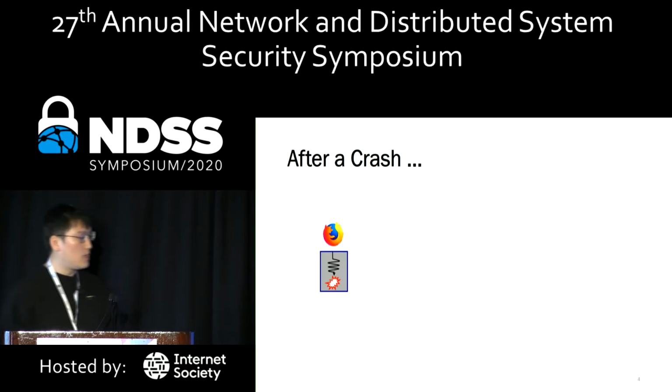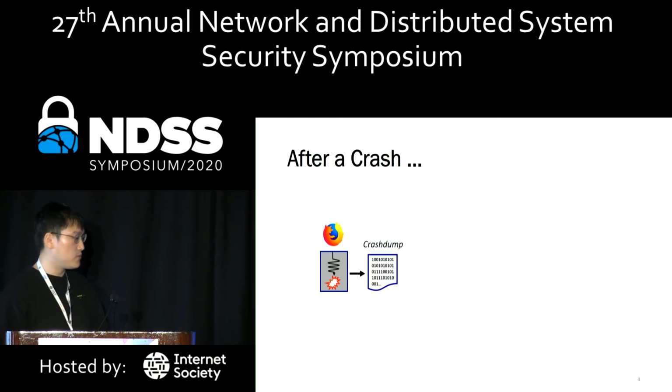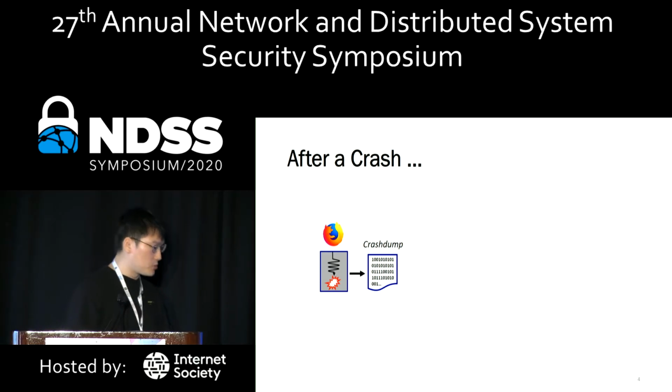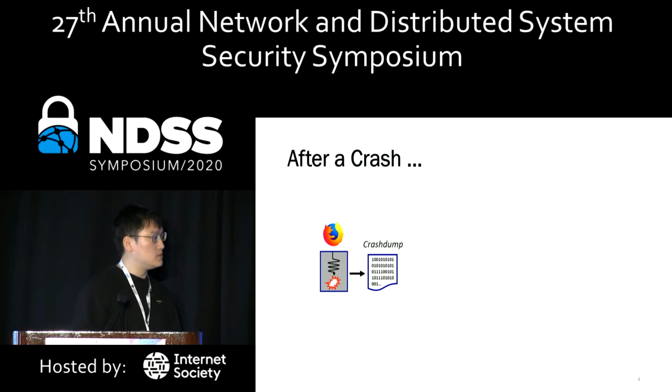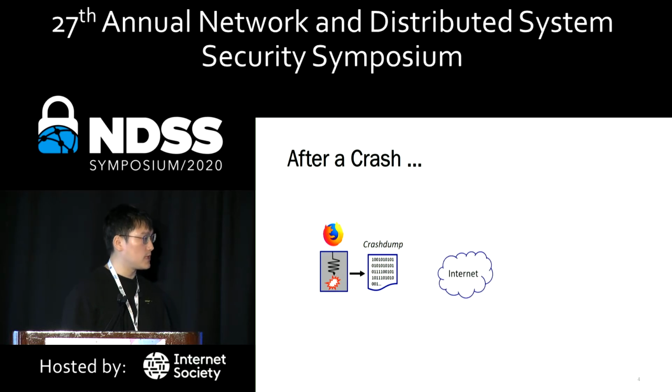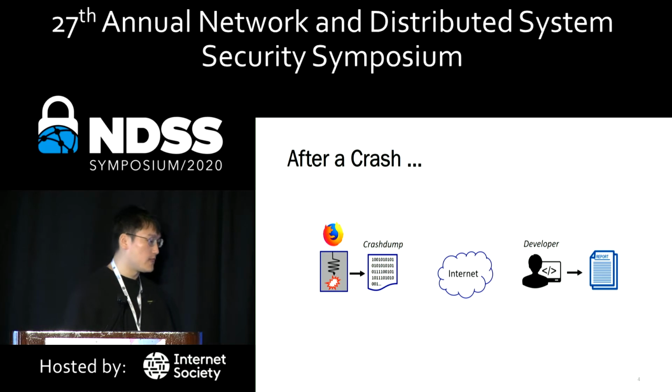So what is really happening in the current crash reporting system? When a program crashes, it generates a crash report, a crash dump, which is informative for debugging. Because it's informative, developers try to collect it from the user and send it to the server end for analysis.